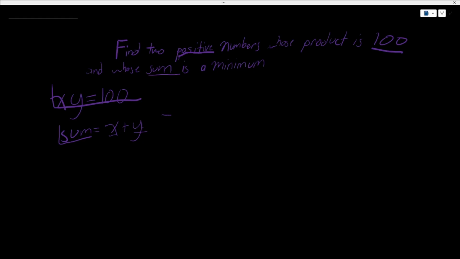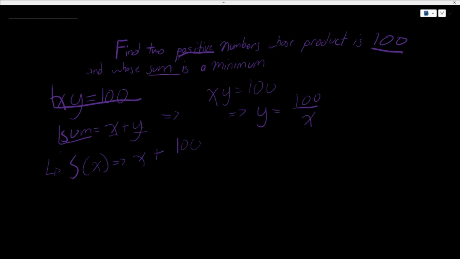So we can get around this by rewriting our xy product function to be in terms of y, and we'll do that by dividing by x. So now we can take our sum function, we'll call it big S of x, because now it's just in terms of x, and we'll rewrite it as x plus 100 over x.